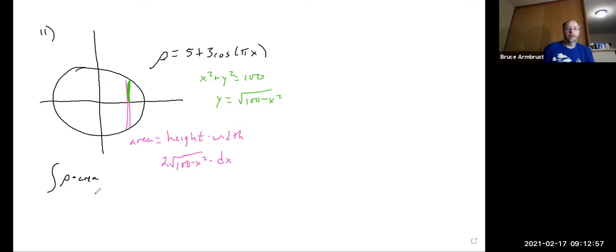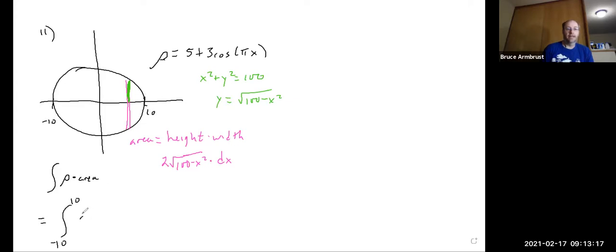All right, so now we're ready to put this all in. So let's get our integral set up here. We're going to integrate from minus 10 to 10, because those are the extremes on this thing, since it's a circle of radius 10.